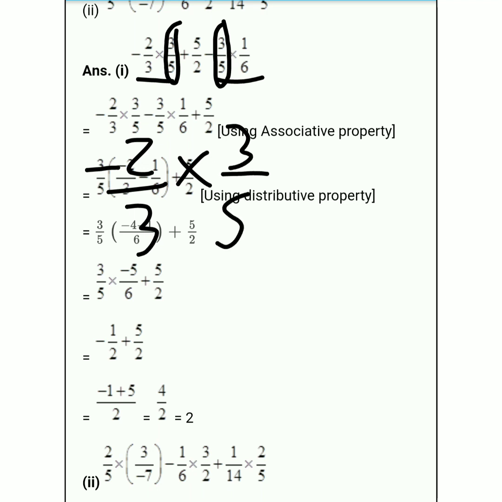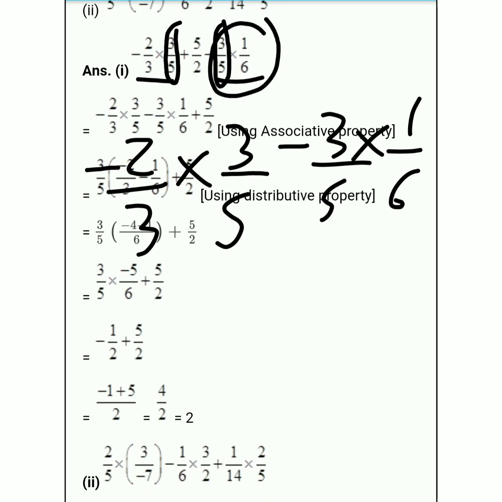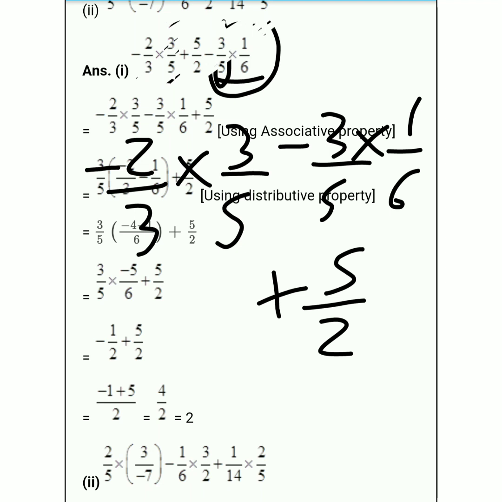Then I am writing our third term, minus 3 by 5 multiply 1 by 6. Then I am writing the second term, plus 5 by 2. If we write our terms with their signs, then we can change the order of the terms.